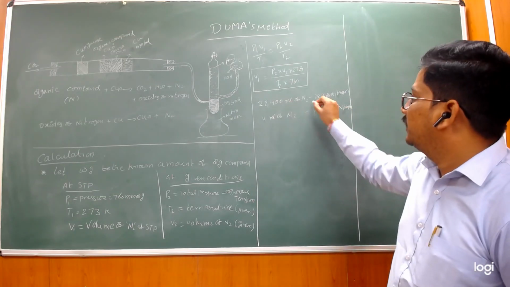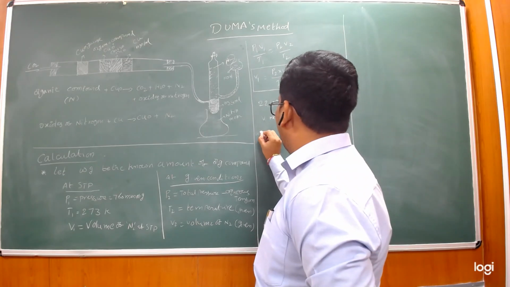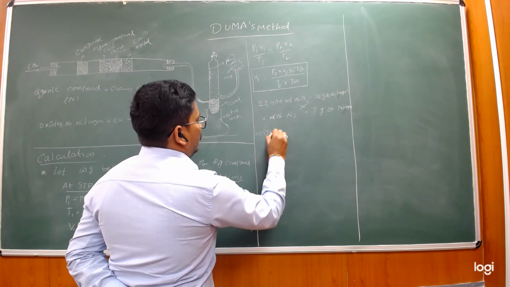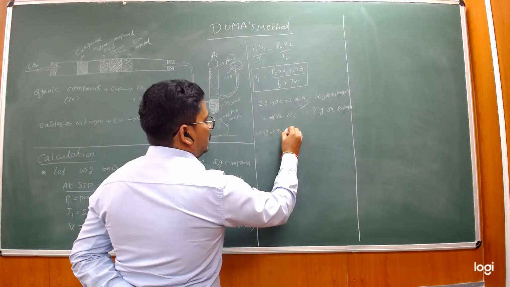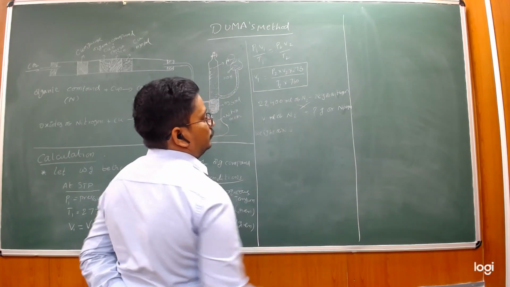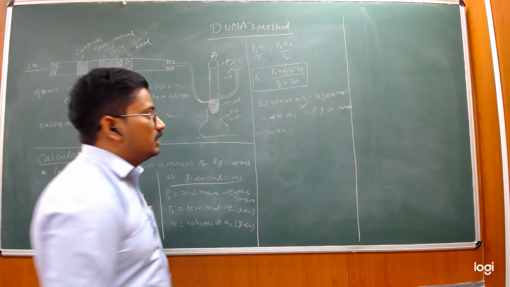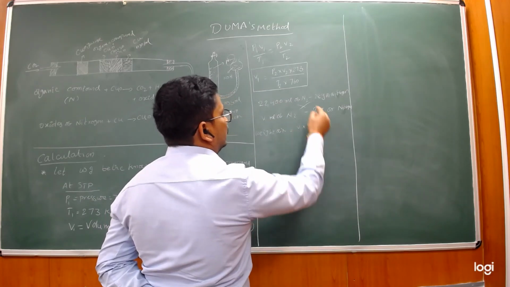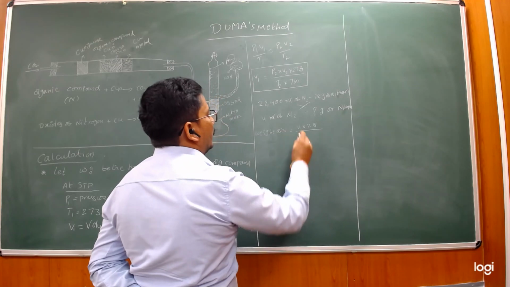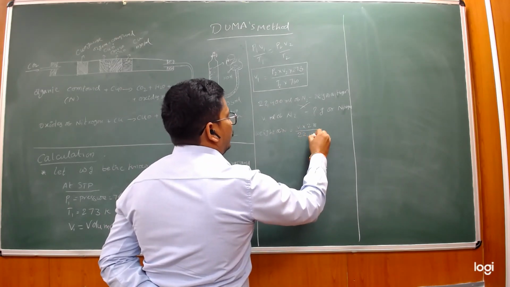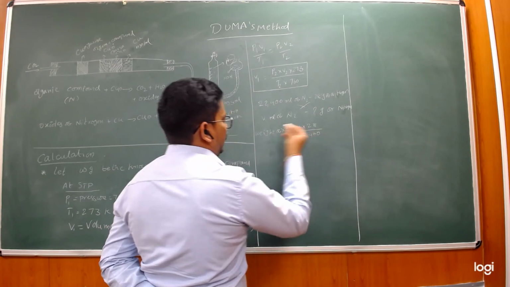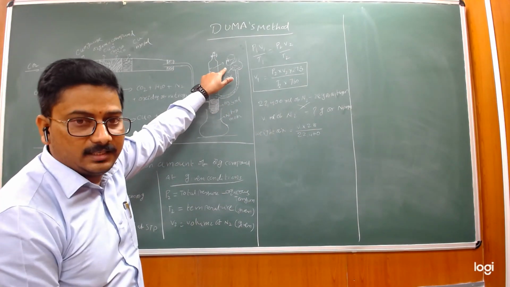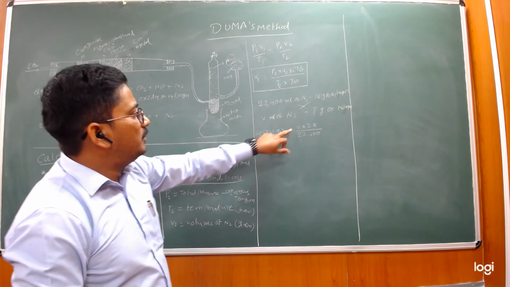So cross multiplication. So weight of nitrogen is equal to V1 into 28 divided by 22,400 ml. So this is the weight of nitrogen. So we calculate the nitrogen weight. Okay, so you can substitute the V1 value here.